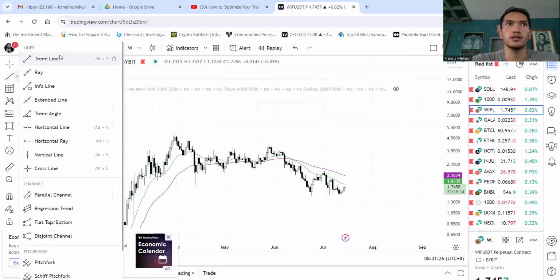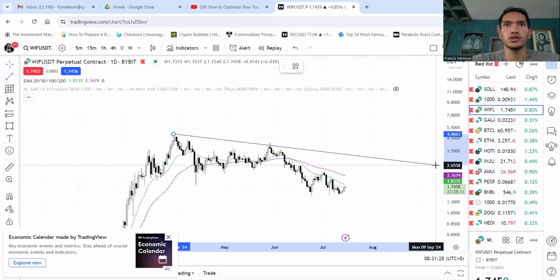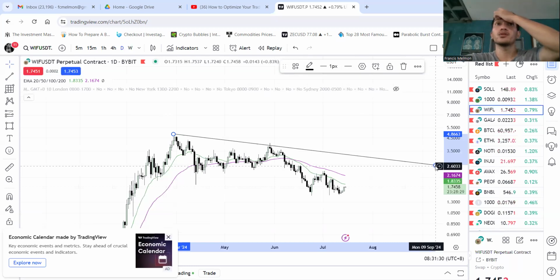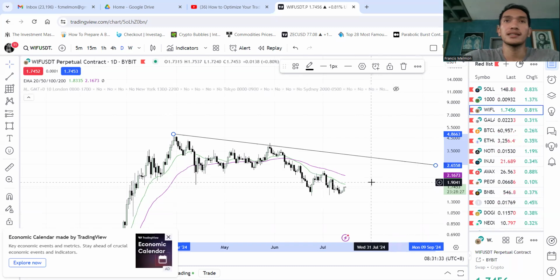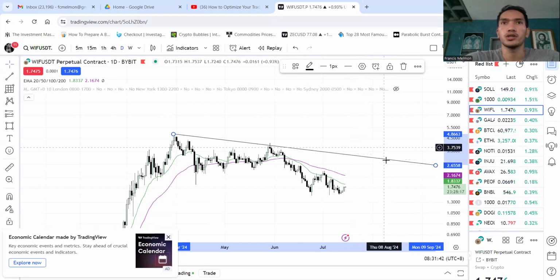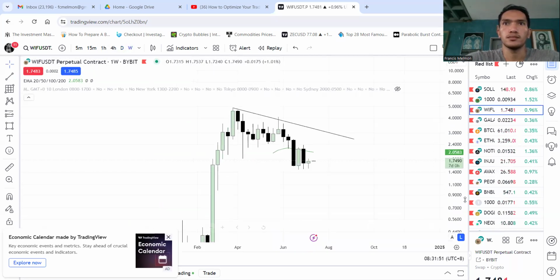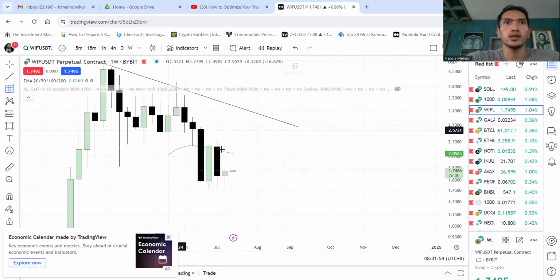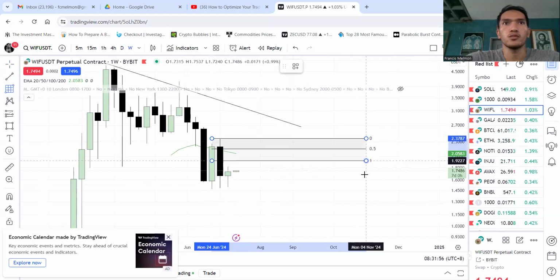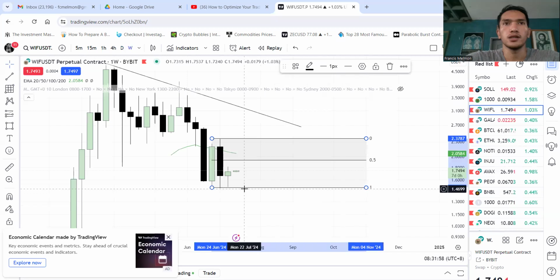We have a clear consolidation, but before we could say that we have an opportunity for a bullish price action in this area, we still need to break this resistance. For the weekly candle, still we have a weekly inside candle.